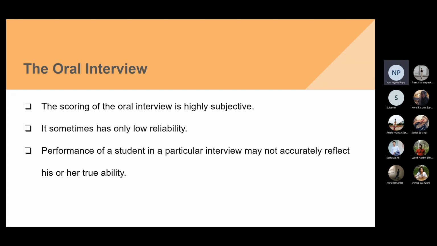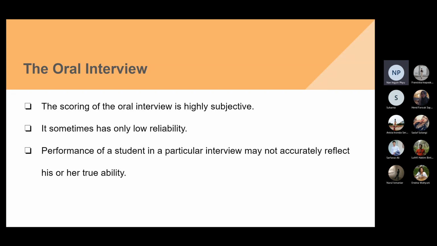Normally the examiner will ask something, and at that time the student has to give feedback. Maybe because they are tense, excited, or nervous, we won't be able to check the student's true ability sometimes.